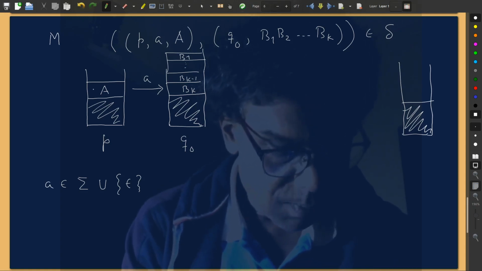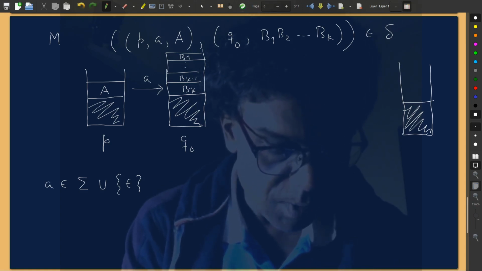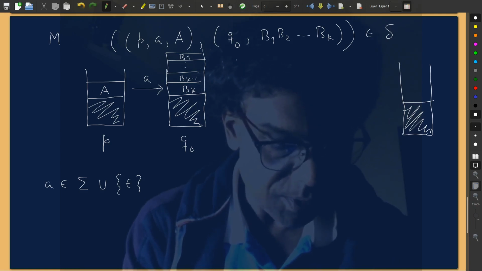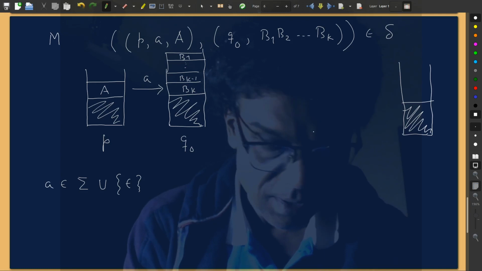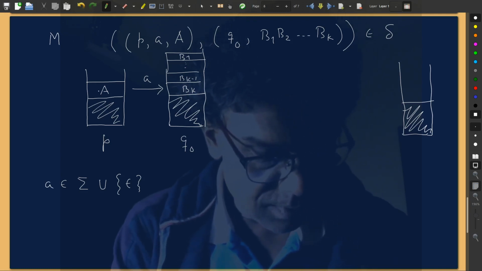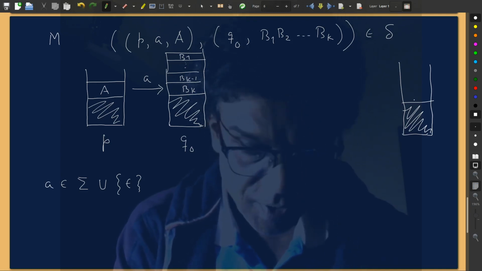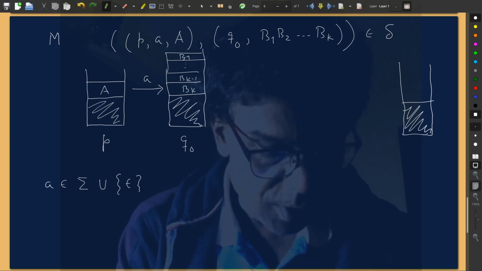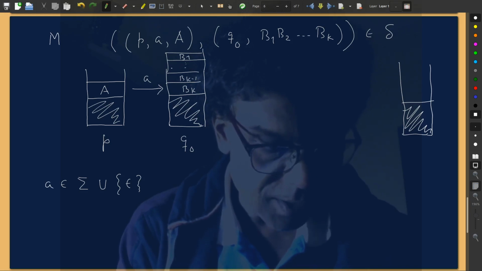But definitely A is now replaced with B1, B2, Bk. Then this B1 may be replaced by some C1, C2, Cl, and so on. But since I am interested from this configuration to this configuration, there must be some point of time when B1 is removed. There must be another point of time after that when B2 is removed, and so on.